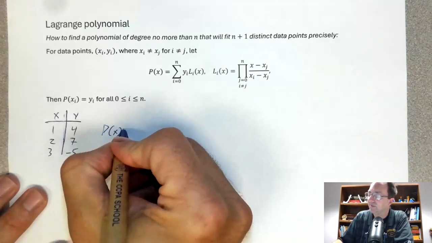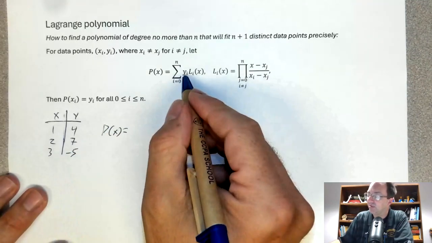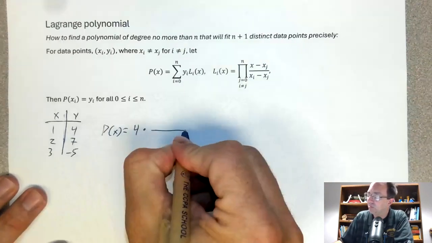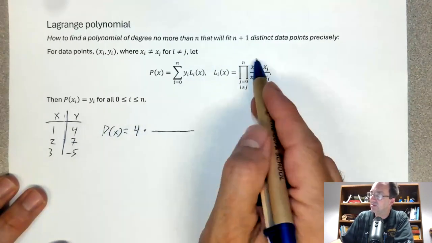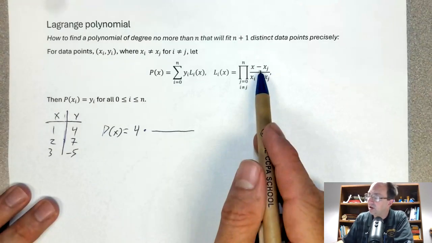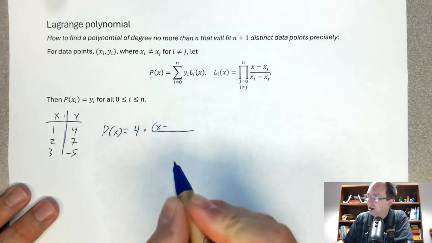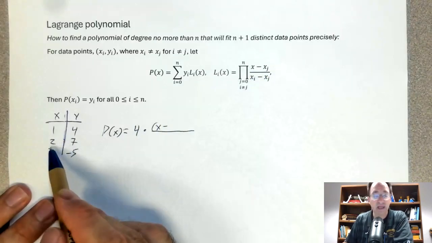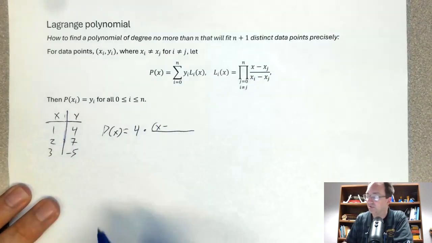And basically that says the following: I'm going to take the y value for the first term, so that would be 4, and then I'm going to multiply it by this ratio L sub i, which is a product. And notice the numerator is basically the product of terms of the form x minus the x values that aren't part of this first term.